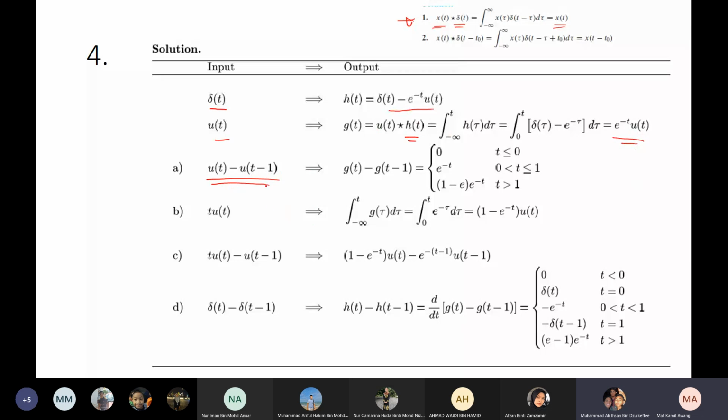So basically you have the integration of u of t minus u of t minus 1 convolved with h of t. This is actually the convolution of u of t with h of t minus the convolution of u of t minus 1 with h of t.